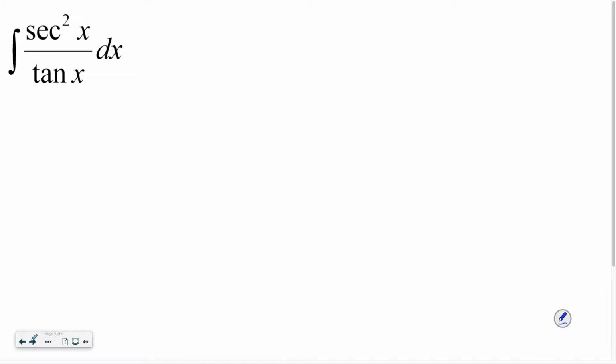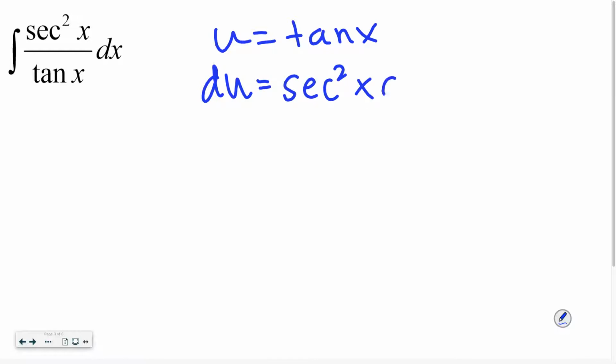Tangent's derivative is secant squared x, right? So it feels like destiny, that they're together. If u is tangent of x, then du would be secant squared x dx. It's set up perfectly for us.